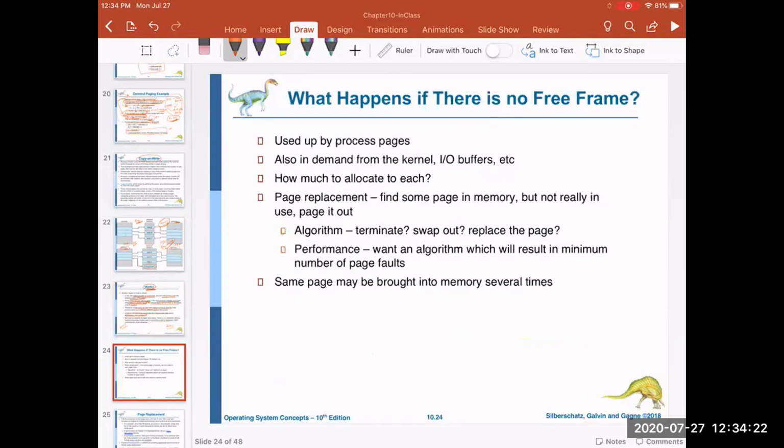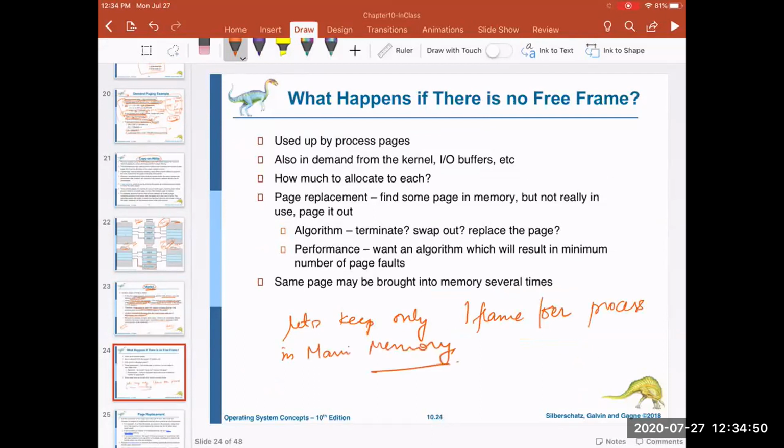Now we have discussed demand paging. So now we can say let's keep only one frame per process in RAM, in main memory. Then the rest of the memory can bring in n number of more processes.